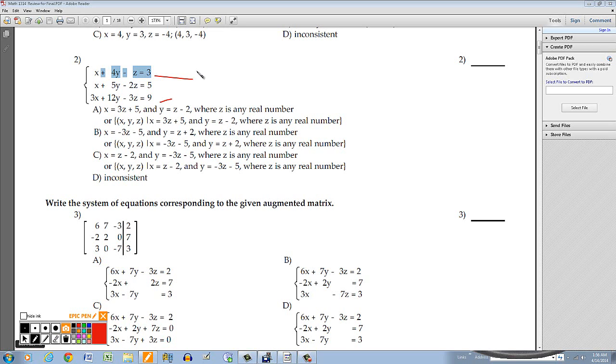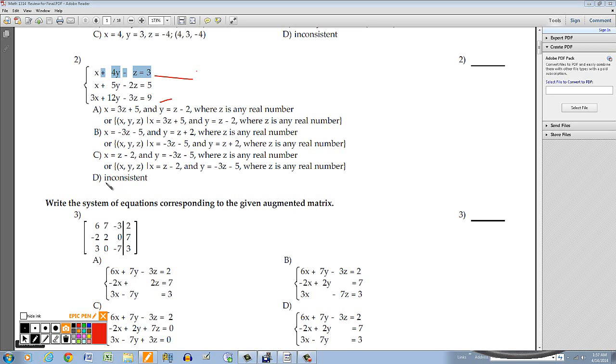So notice if I multiply the first one by, say, a -3 all the way across and then add to the third, this would be -3x, and 3x is 0. -3 times 4y is -12y, and 12y is 0. -3 times a -3 is a +3z, and a -3z is 0. And -9 then, and 9 is 0, so I get 0 is equal to 0. That always suggests an infinite solution set.